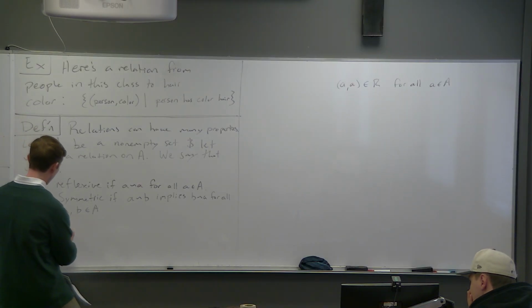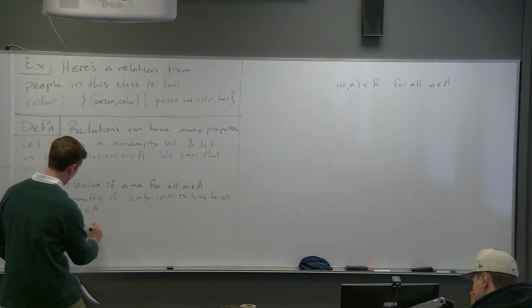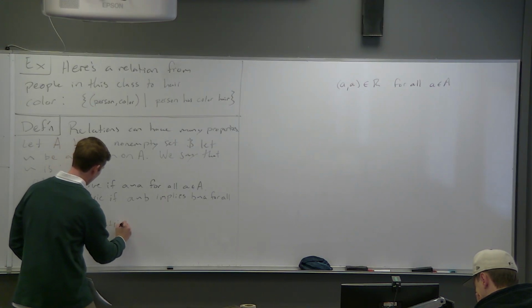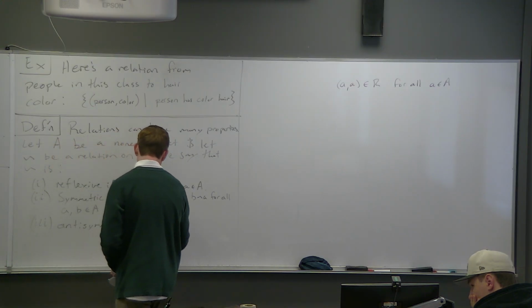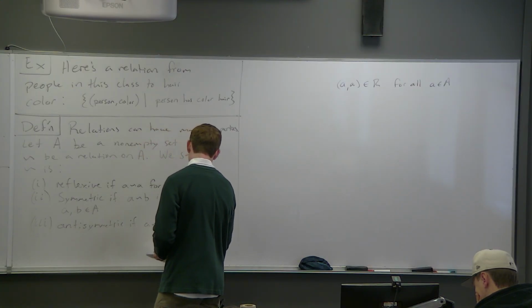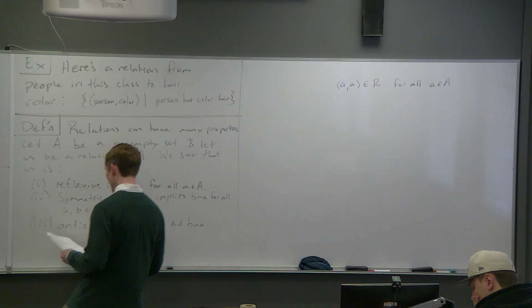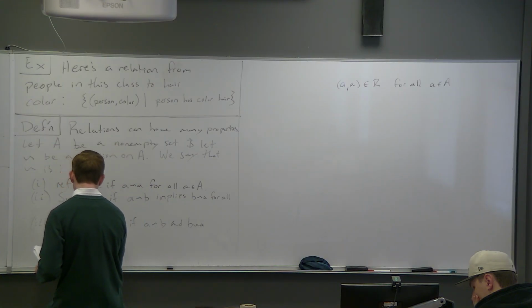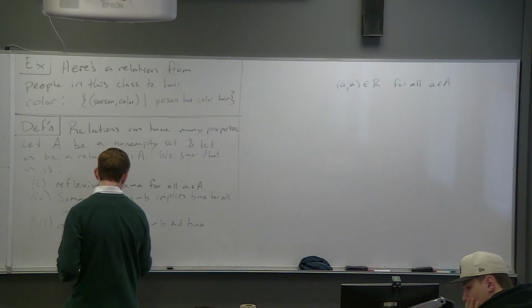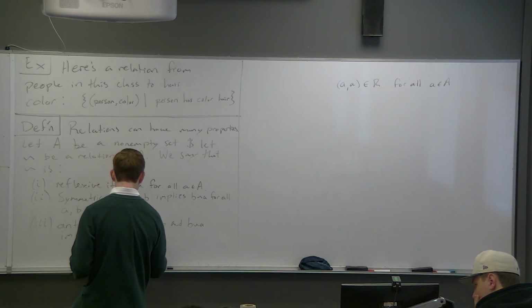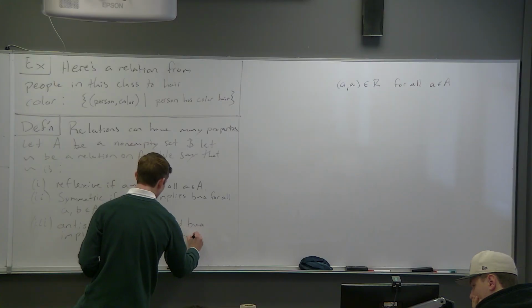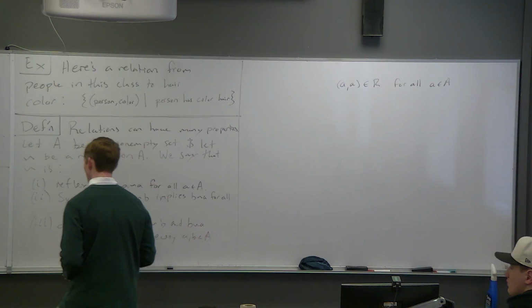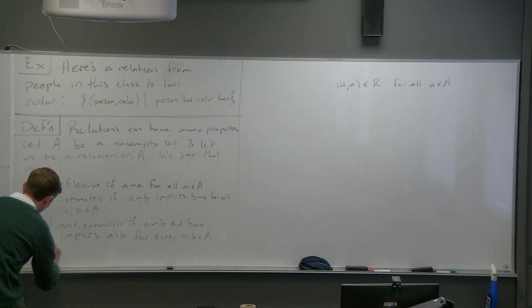Here's another property: anti-symmetric. If A is similar to B and B is similar to A, implies A is equal to B, for every A and B in A. Then I'll write this last one up.